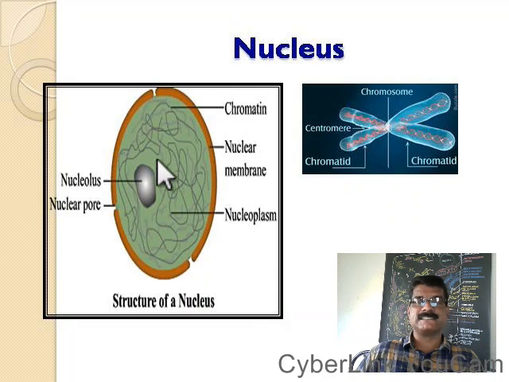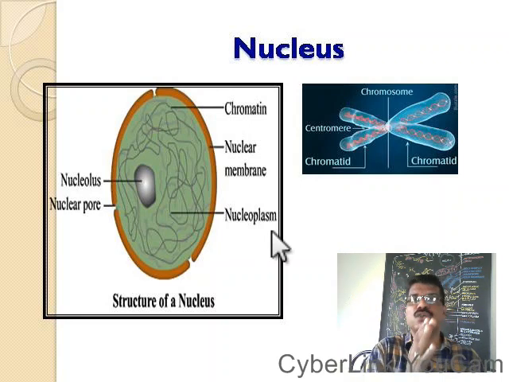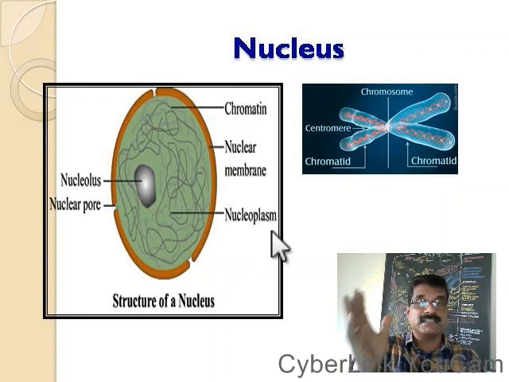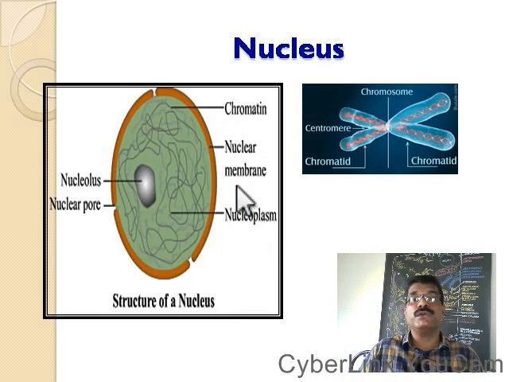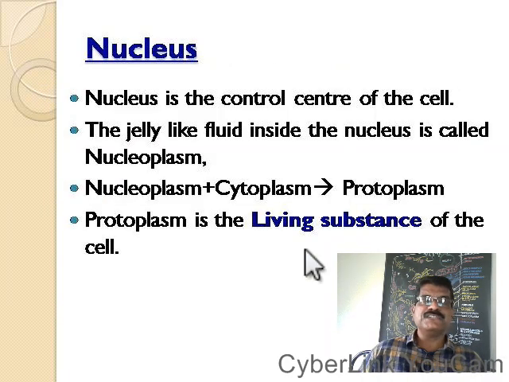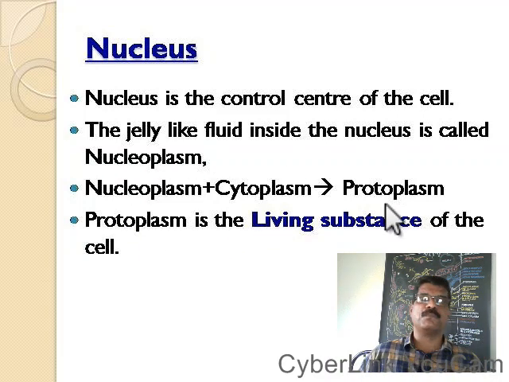The nucleus possesses a jelly-like fluid that is called the nucleoplasm. Earlier I told you about cytoplasm. Cytoplasm is present in between the plasma membrane and the nuclear membrane. The jelly-like substance which is present inside the nucleus is called nucleoplasm. The nucleoplasm and the cytoplasm together form the protoplasm.